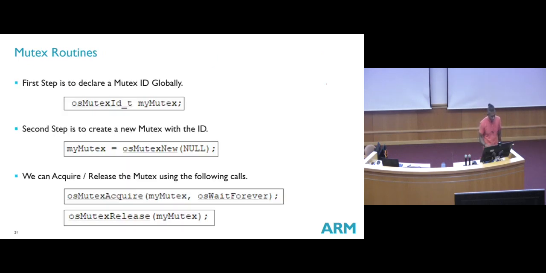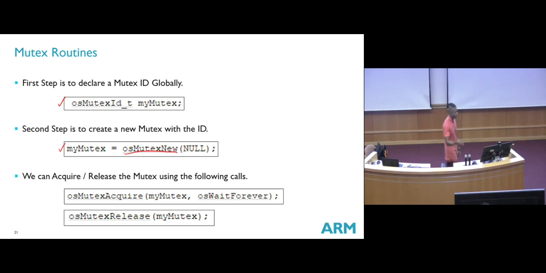The routines and all we will go through later when I demo the code. But basically you need to create a mutex using the mutex ID type. Then you create a new mutex by calling OS mutex new. If you stick with the default attributes, you pass null as the parameter.